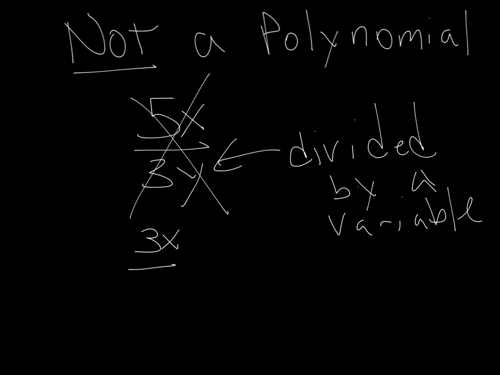Now, this may look like it's not a polynomial or not a term because it looks like it's being divided by something. It is being divided by 4, but this is the same as saying 3/4 times x, which means you do have something multiplying your variable, which makes it one term, which does make it a polynomial.